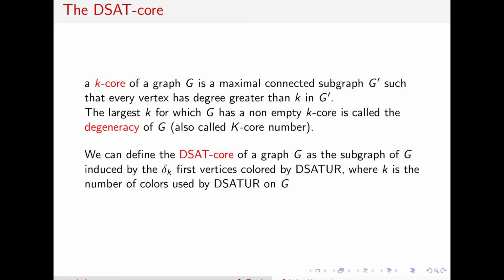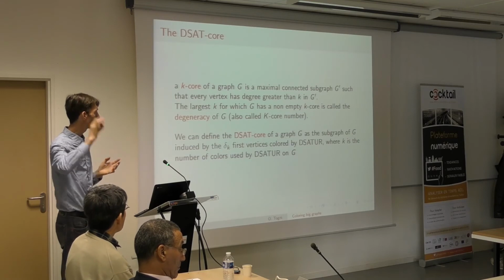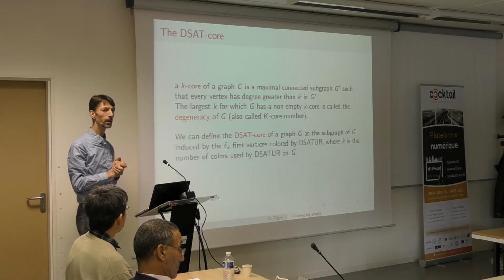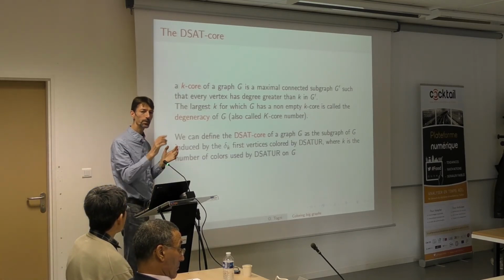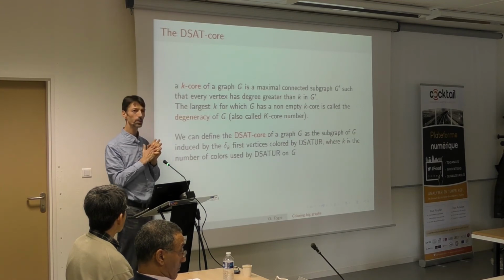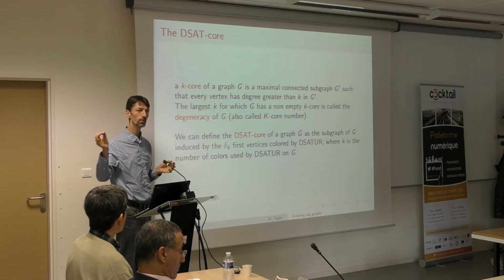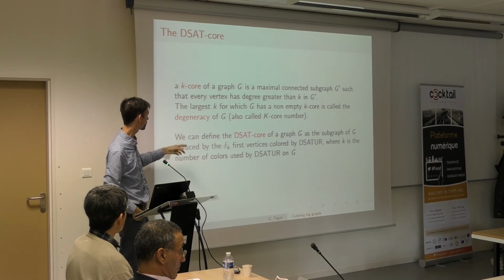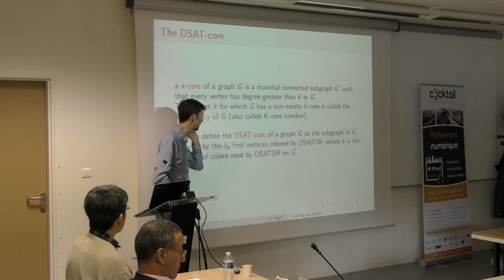So also, when we have this, we can say, well, we only color the first vertices until we reach the last color. We have to use the last color for the first time. And now we can look at what is the subgraph induced by these first colored vertices. So what we call the DSAT core.